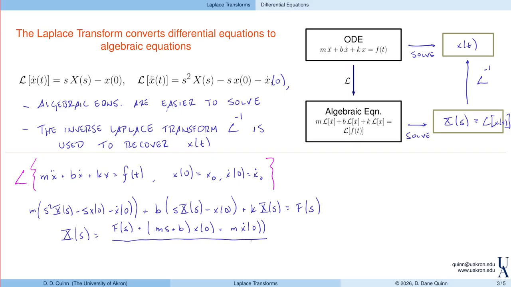And of course, that is divided by m s squared plus b times s plus k. So once we have this, x of t, the time solution, is determined from the inverse Laplace transform of this function.